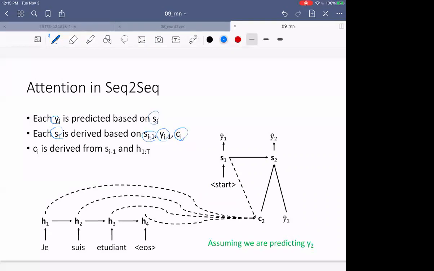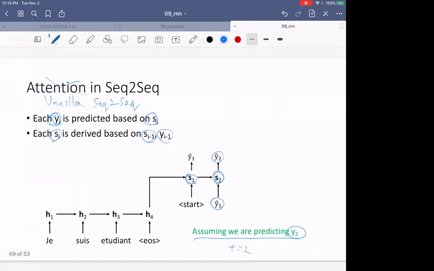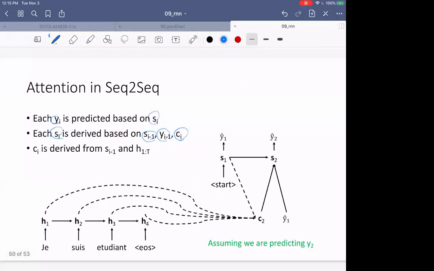We need a context vector because we're using an attention mechanism, right? So then how do you derive ci? Si minus 1 is derived from the RNN. Yi minus 1 is coming from your previous output, your previous prediction. And ci is the context vector, which is derived from the attention mechanism.